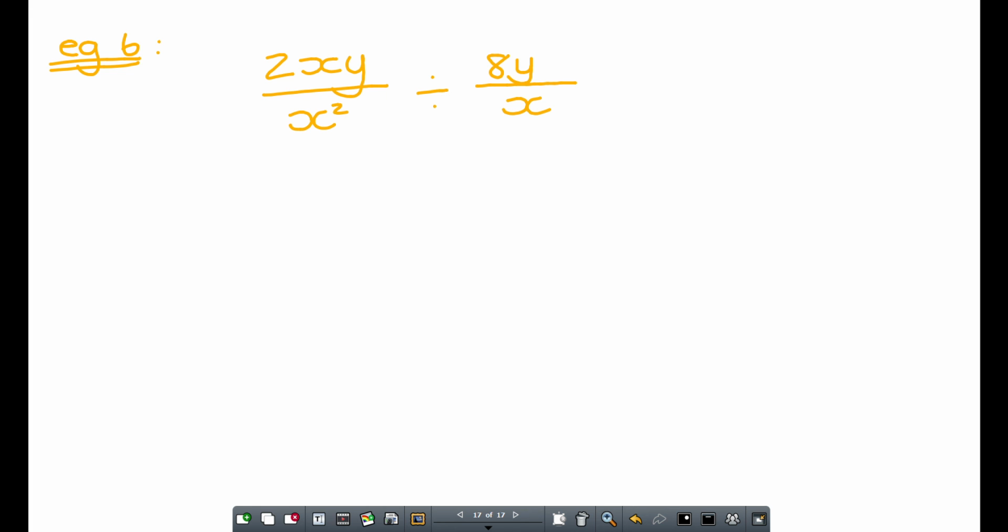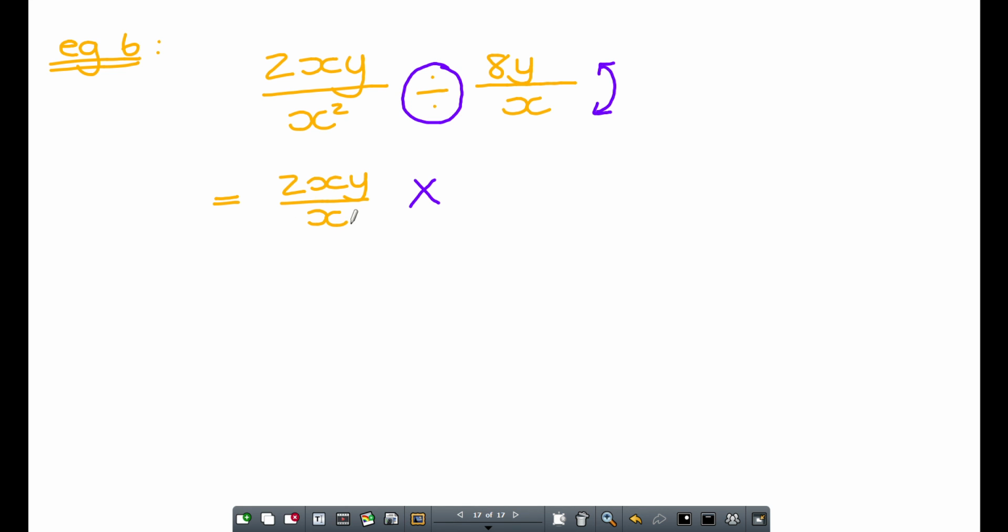I've got two fractions and there's a division. What's the first thing that I can cancel out from here? Before I cancel out, I first have to make this sign a multiplication sign. And what happens if I change that to a multiplication sign? Yes, the fraction just after that division sign will have to flip. So those are going to switch around. So meaning I would have 2xy over x squared.